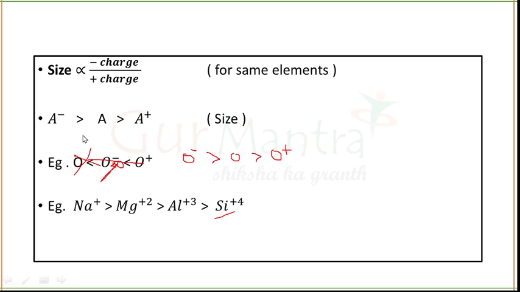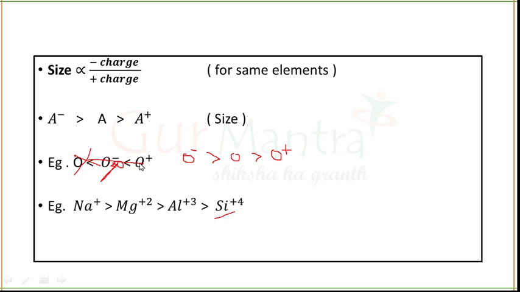If you are asked about the order of size, then you have to follow this trend, which means the size of a negative ion is always greater than that of a positive ion, because you know it very well, size is directly proportional to negative charge.